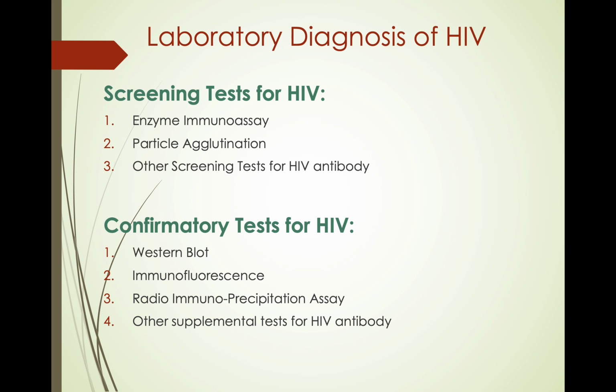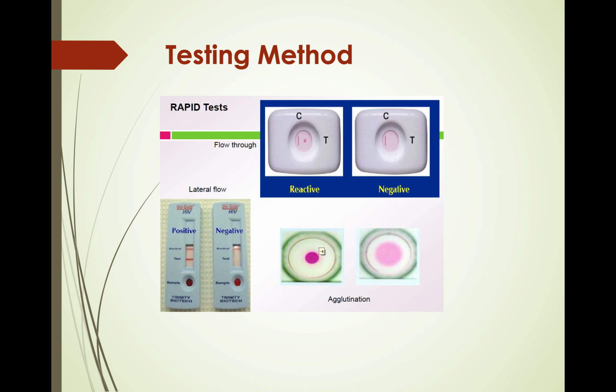Going back here now, we have different types of laboratory diagnosis for your HIV. It actually varies from one laboratory, from one hospital to another. For testing methods, most of the time for your screening test, we have your rapid test kits.